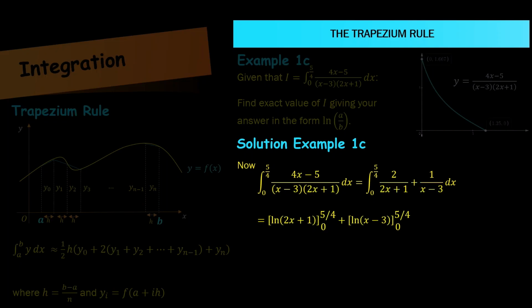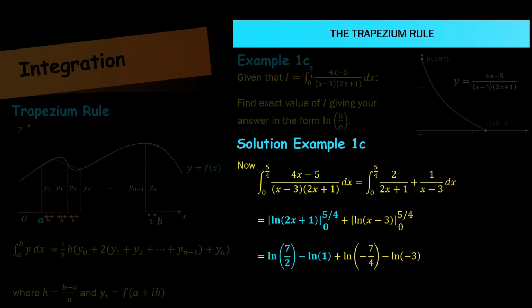The first term is equal to ln of 2x plus 1 between the limits 5 over 4 and 0. And the second term is ln of x minus 3 between the limits 5 over 4 and 0. And this gives us ln of 7 over 2 minus ln of 1 plus ln of minus 7 over 4 minus ln of minus 3.